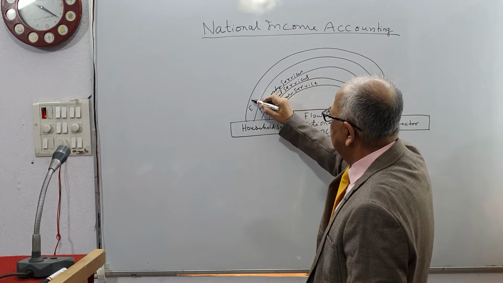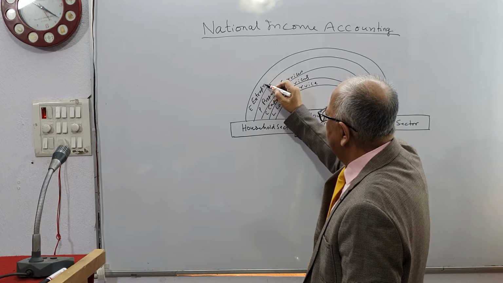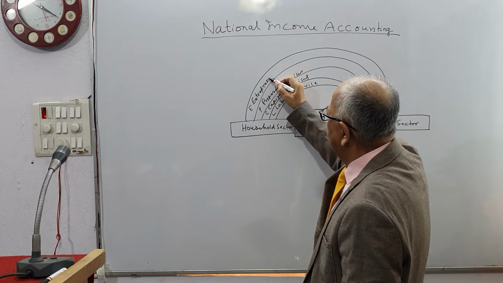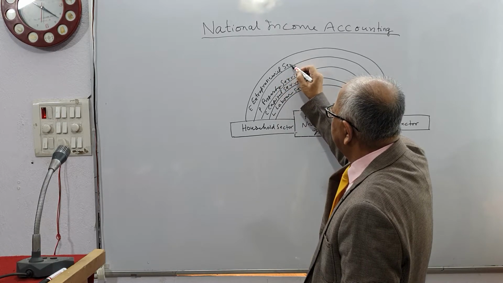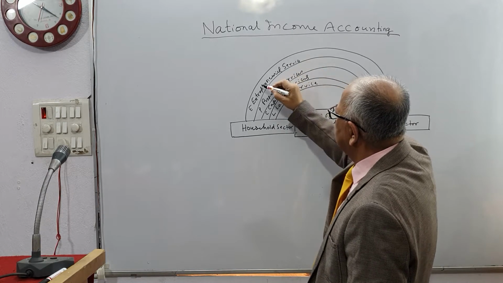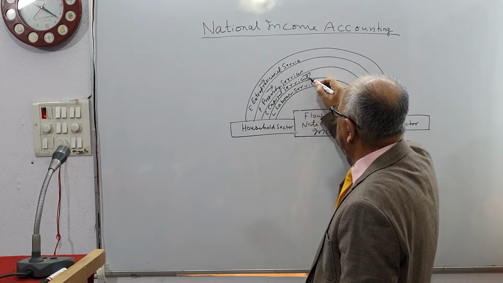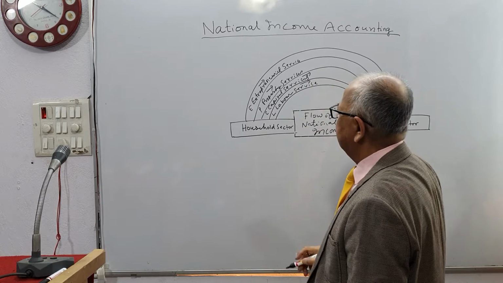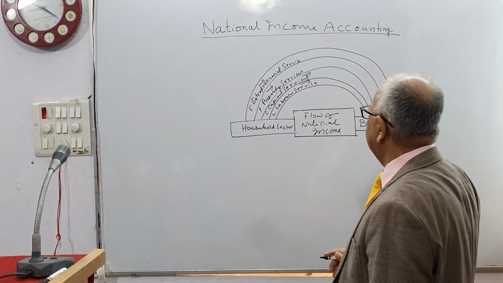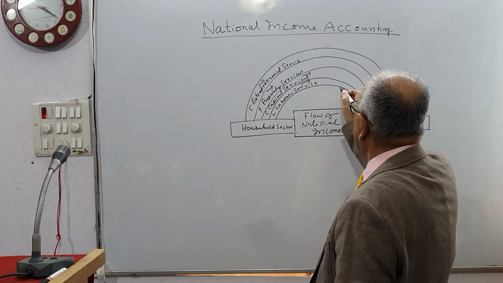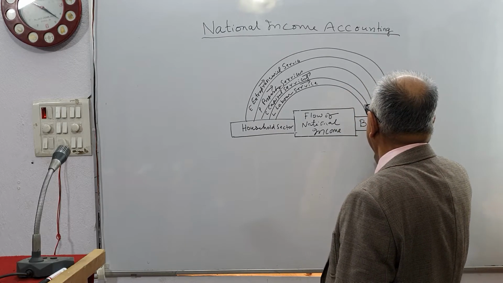This is called entrepreneurial services. This will flow from this point, this point, this point, this point, and from left it will reach to the right and be received by the business sector.